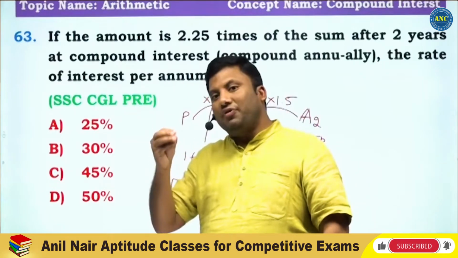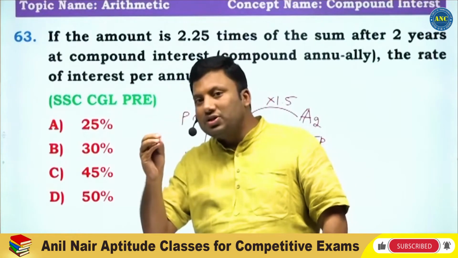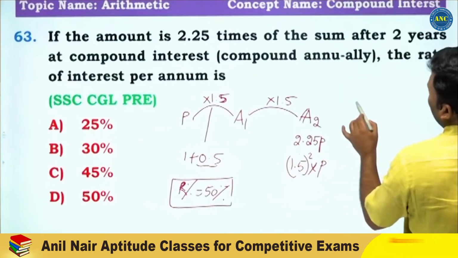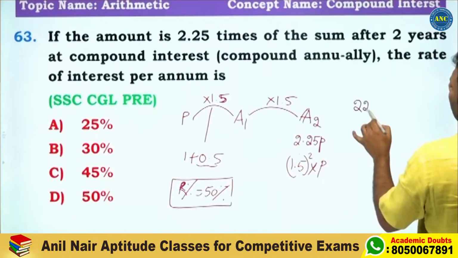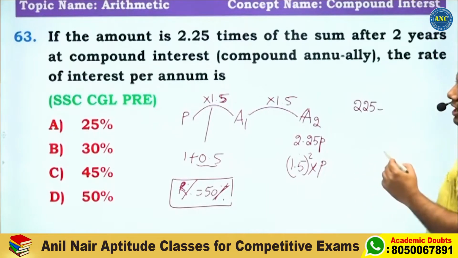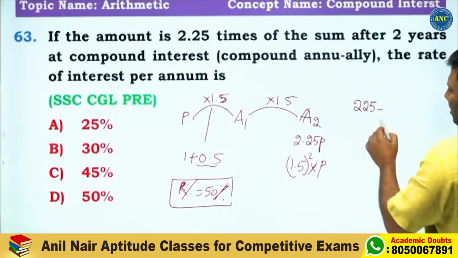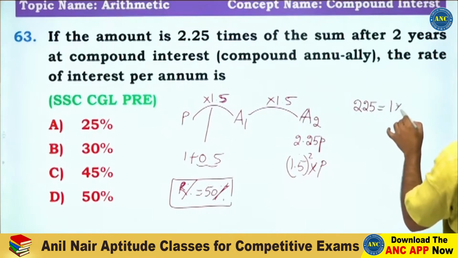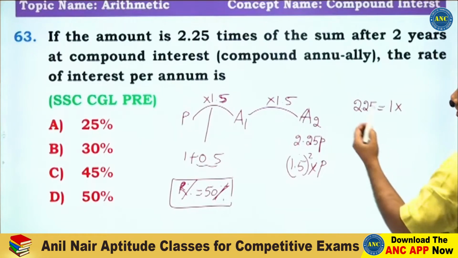Even if you forget this concept, you can use the concept of digital sum. What is the digital sum? See here. Final value is 2.25 times, so if the final value is 2.25, the initial value will be 1. What is the rate of interest?